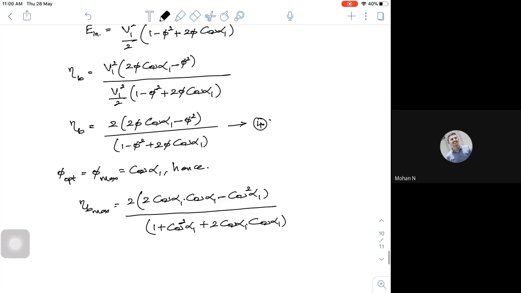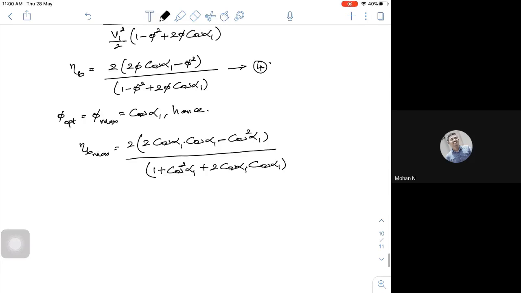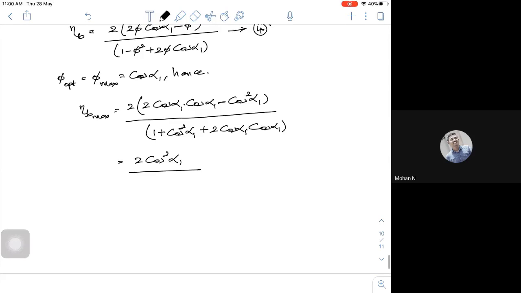If I substitute and simplify, it will be 2 cos square alpha 1 divided by 1 plus cos square alpha 1.